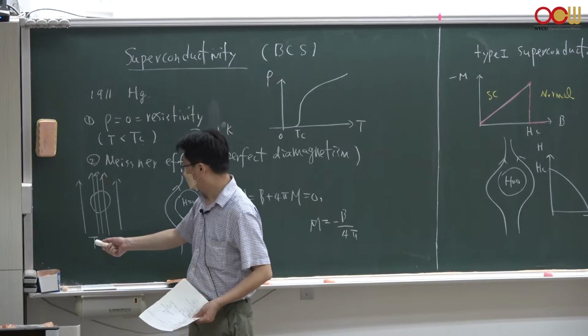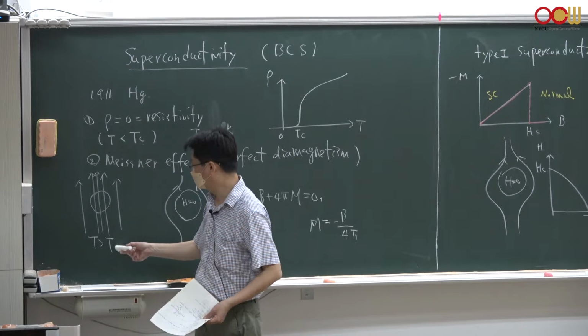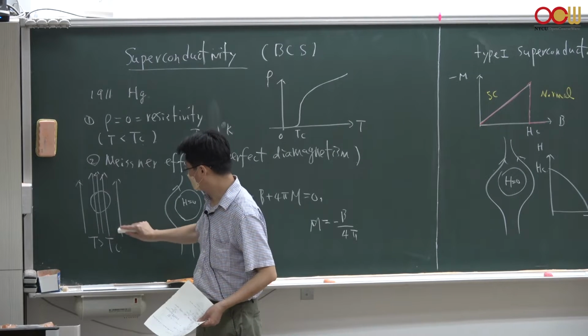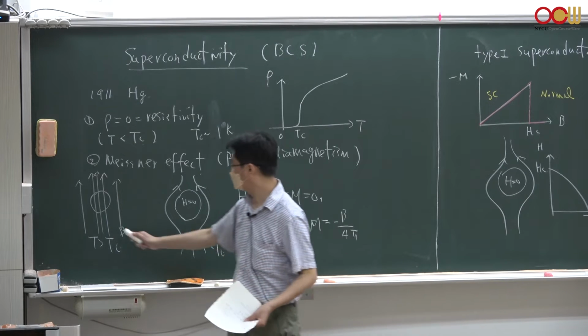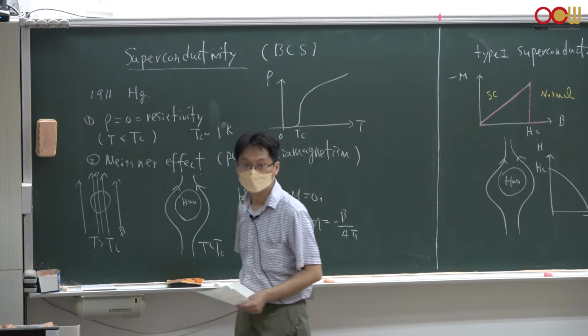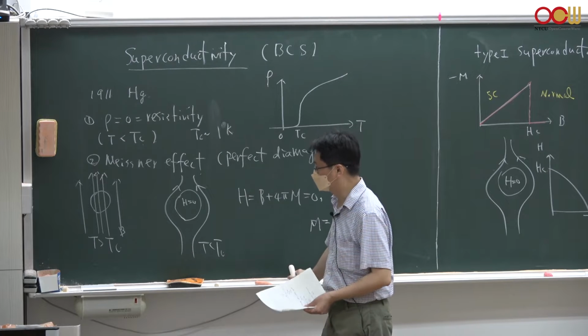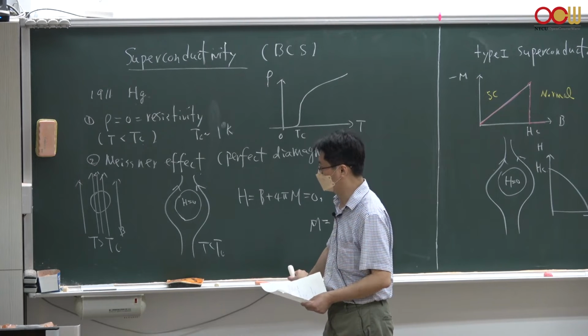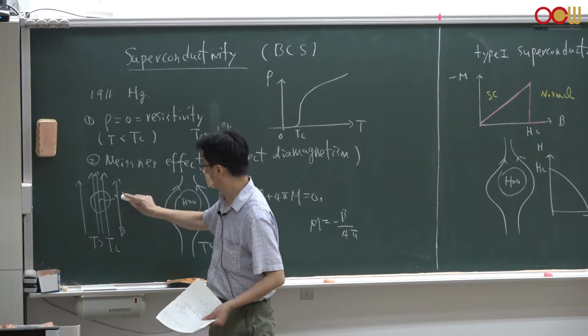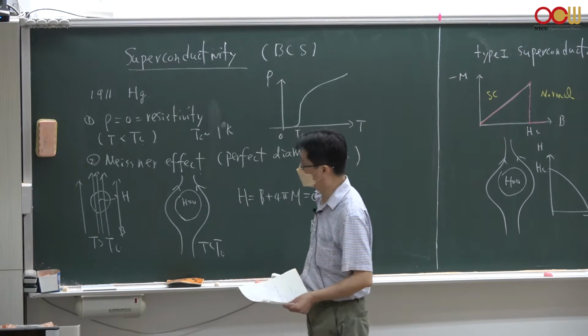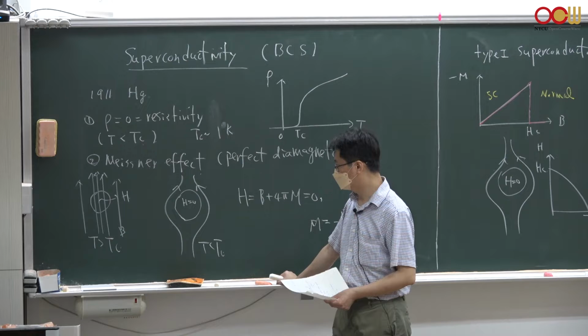For temperature higher than Tc, if you apply a magnetic flux, it will penetrate through the normal metal, so there is some magnetic flux penetrating into the system.